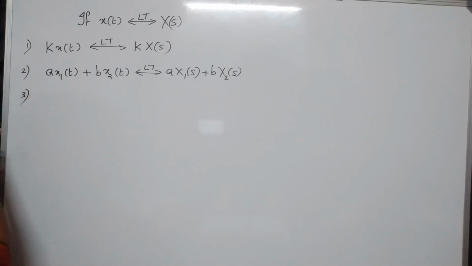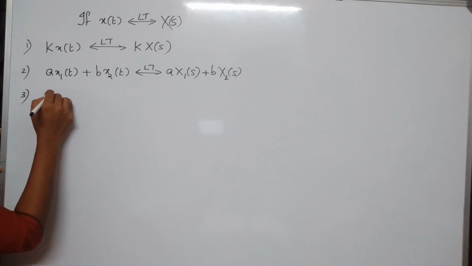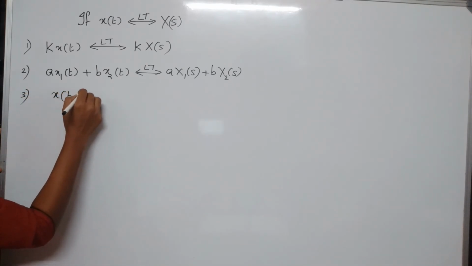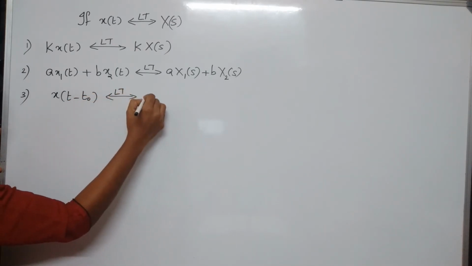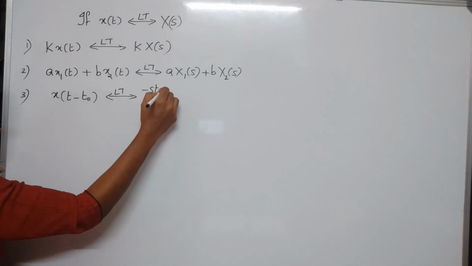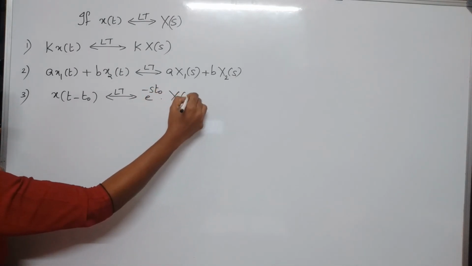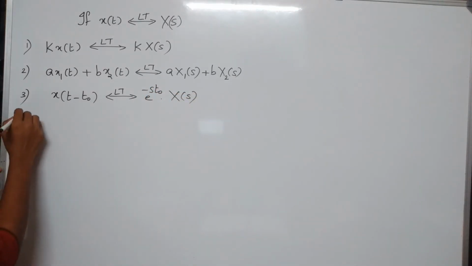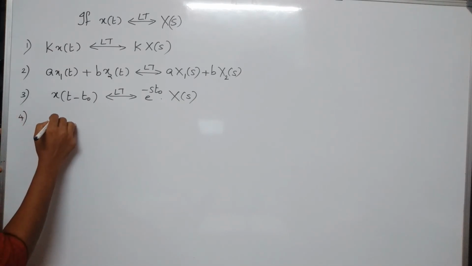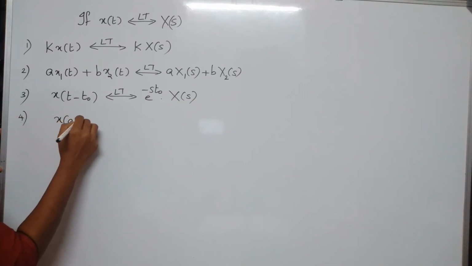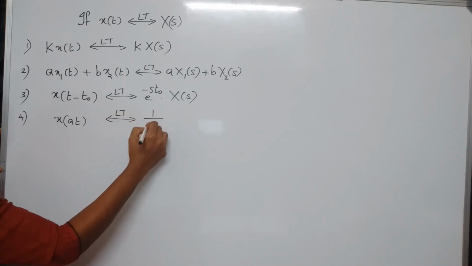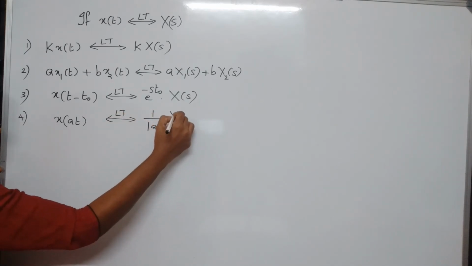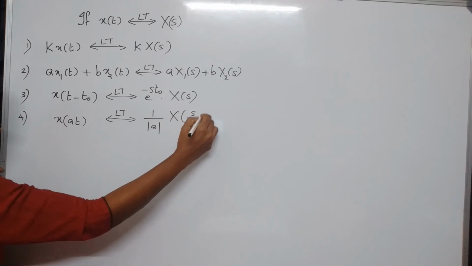Then the third one, the time shifting property: the Laplace transform of x of t minus t naught is e raised to minus s t naught into X of s. Then the time scaling property: x of at has Laplace transform 1 by modulus a times X of s by a.